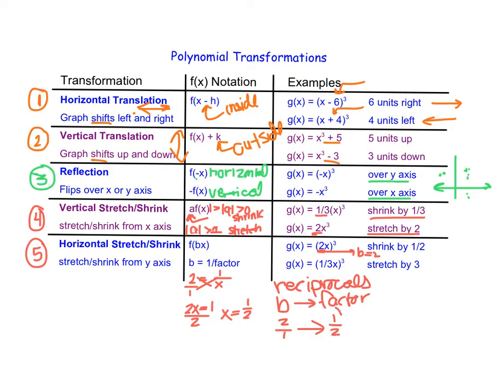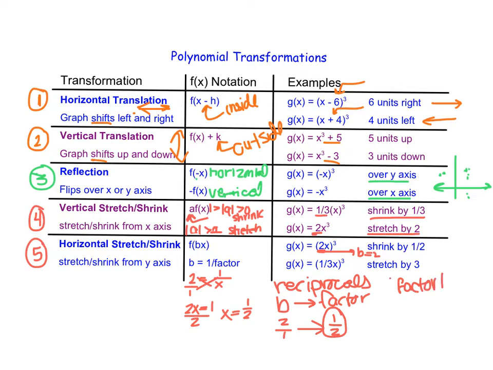Now, once you have your factor, it tells you if your graph is going to be stretched horizontally, so pulled further from the y-axis, or if it's going to shrink horizontally, so pushed closer to the y-axis. Make sure you look at your factor here.